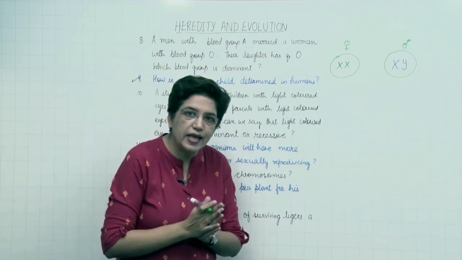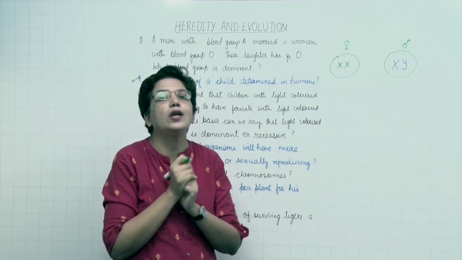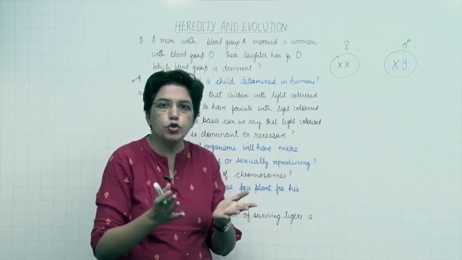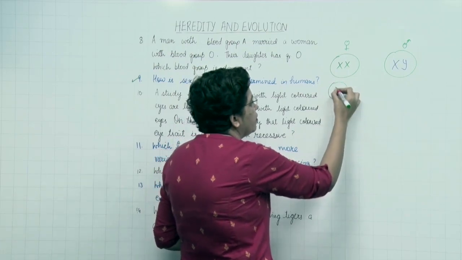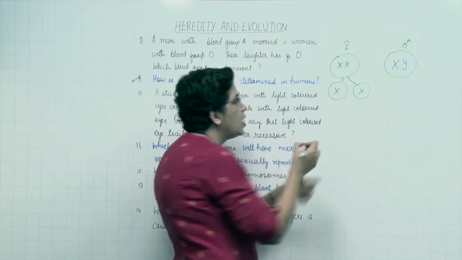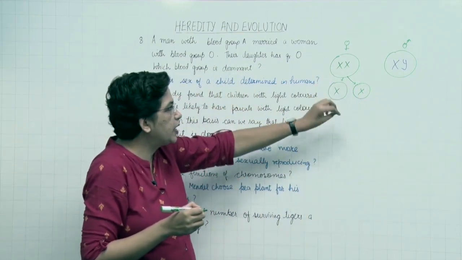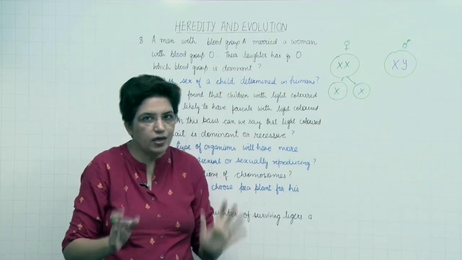That is, the cells split into half. This type of cell division is called meiosis, in which the chromosome number decreases to half. Okay. So, the gametes have only half the number of chromosomes. So, out of this 23rd pair, all the gametes in females will be identical because they will have the X chromosome.